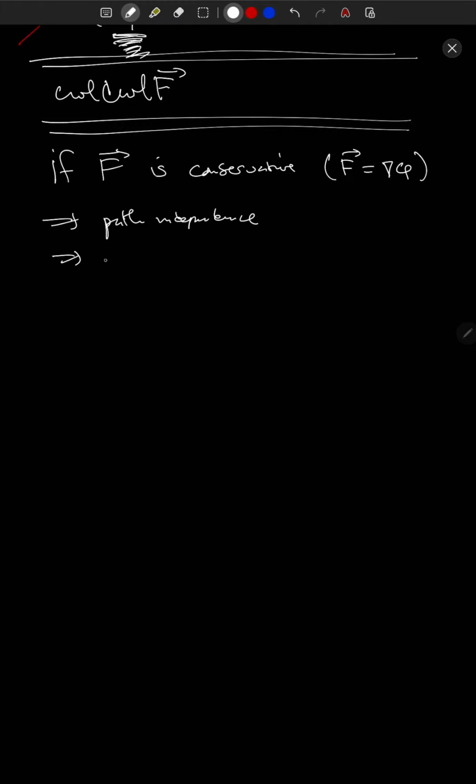It tells you line integrals in loops is equal to 0, right? And that's essentially the same as path independence. It is the same as path independence. And then now we can also say that the curl is 0.